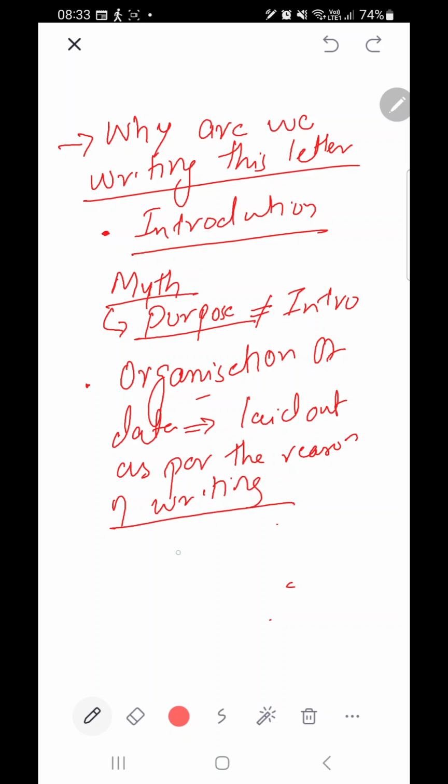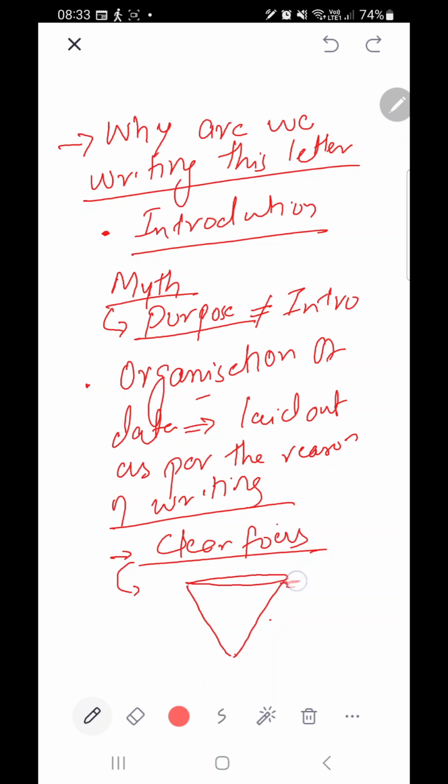So you should have a clear focus, whatever you have mentioned in the introduction, and the same has to be displayed in the body of the letter. So we can follow this approach in the writing task. Maybe this part is your intro, then body one, body two, and so on.